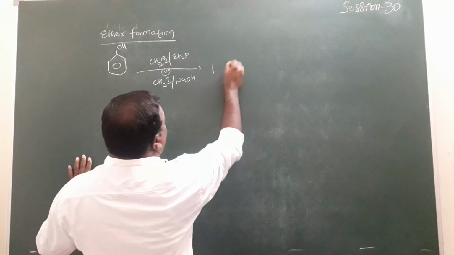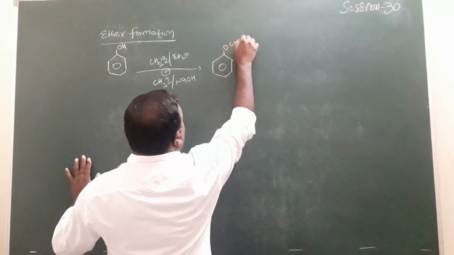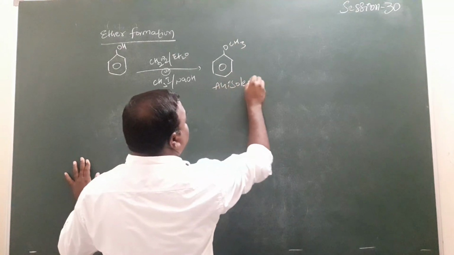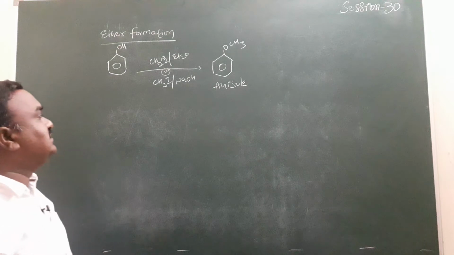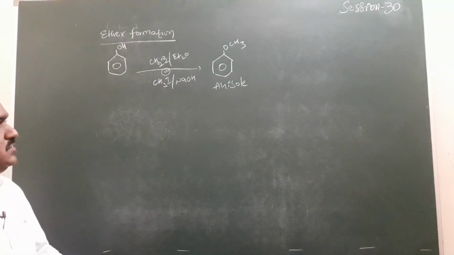So it forms the aromatic ether. Anisole is formed here. The aromatic ether is formed here, with both CH3 groups. This is the way to write the ether formation reactions.